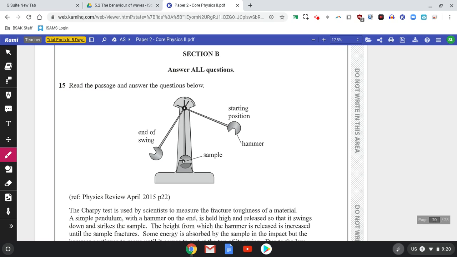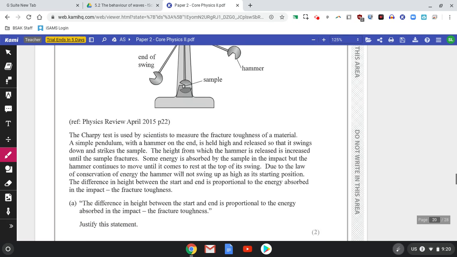So what is toughness? If you remember earlier on in this paper 2, I was saying you've got to learn those definitions, learn all the definitions for solid materials and things like that. Anyway, this is fracture toughness, and it actually tells you what it is. Fracture toughness is the energy absorbed on the impact.